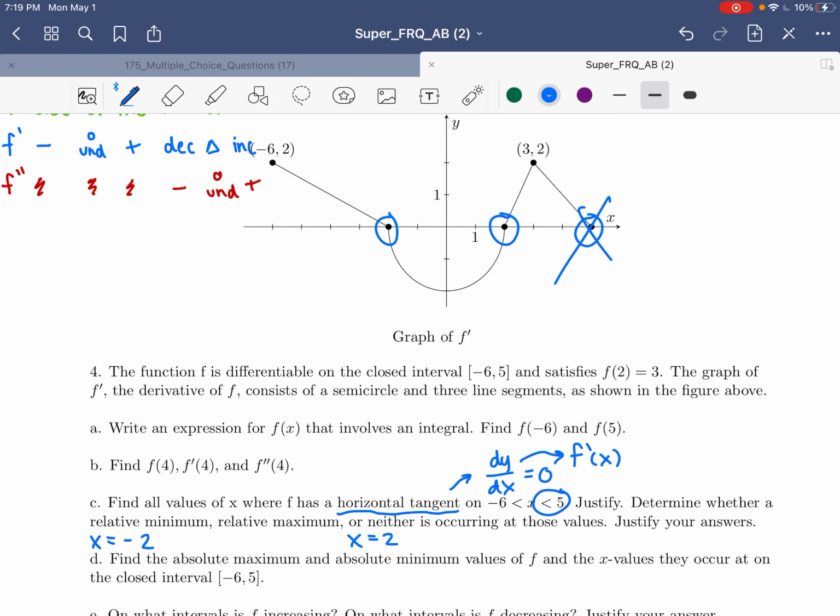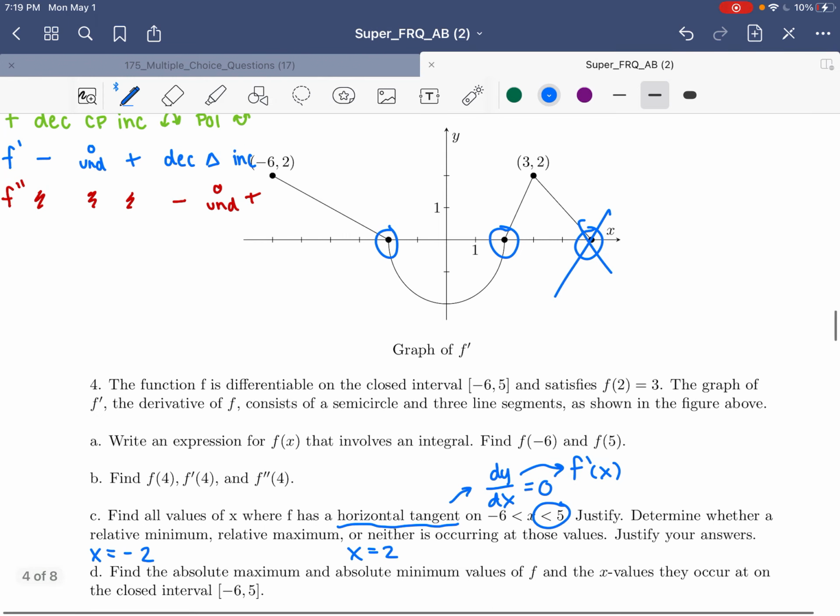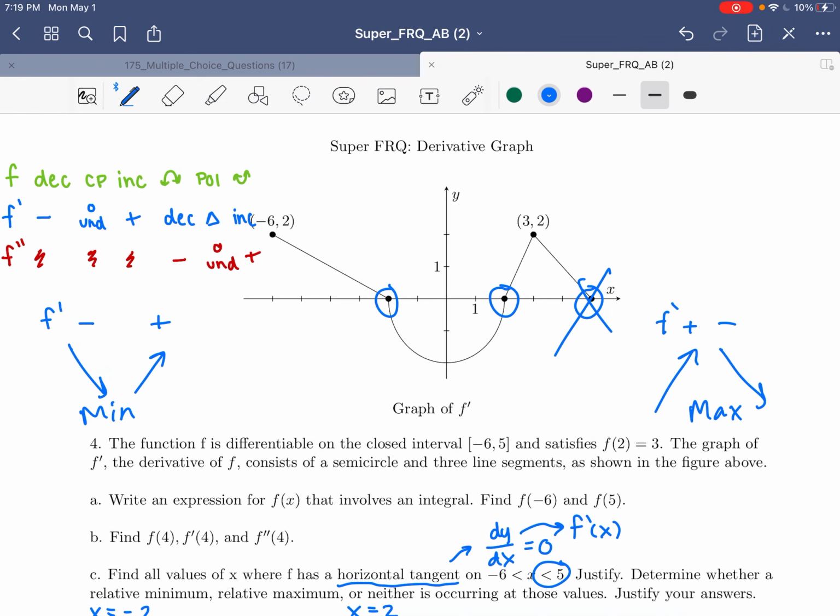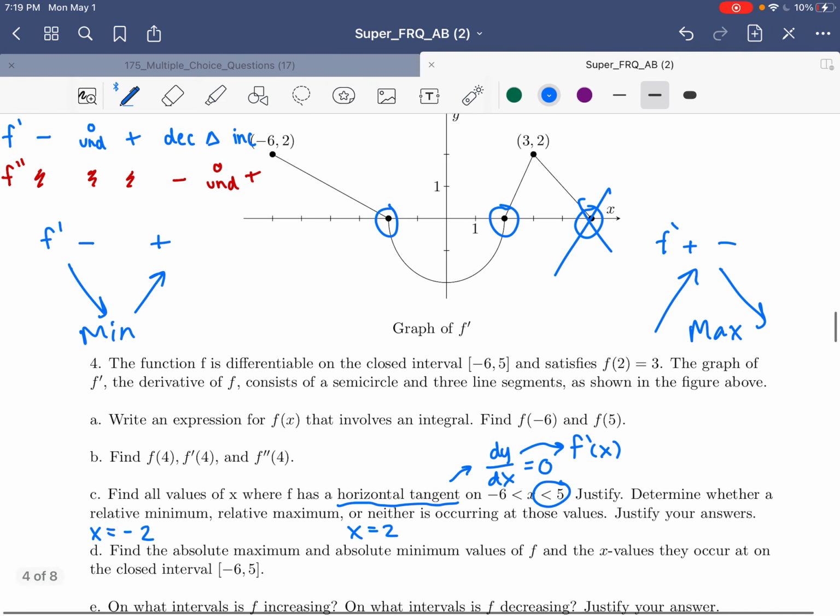Now let's discuss if it's a relative minimum, maximum, or neither. So a minimum is when it changes from decreasing to increasing, which means f prime changes from negative to positive. A max goes from increasing to decreasing, and f prime would go from positive to negative. And that all comes from my chart over here.